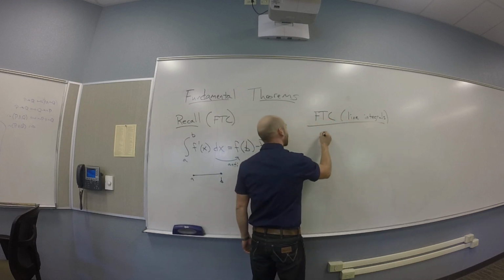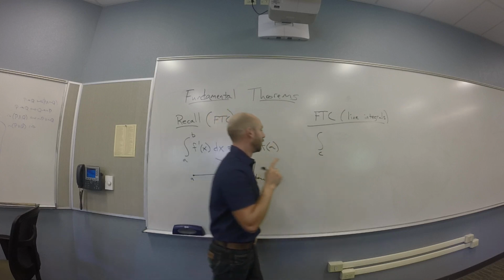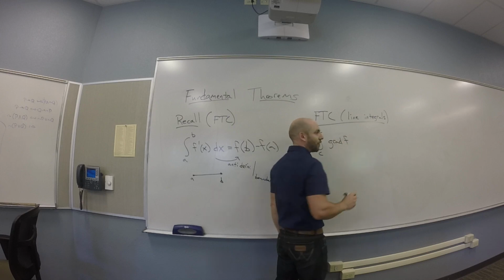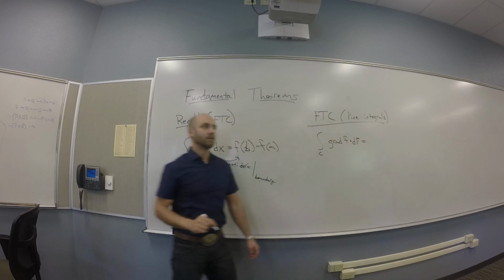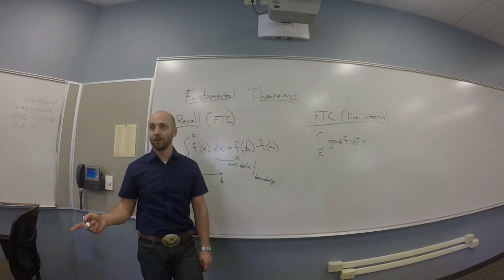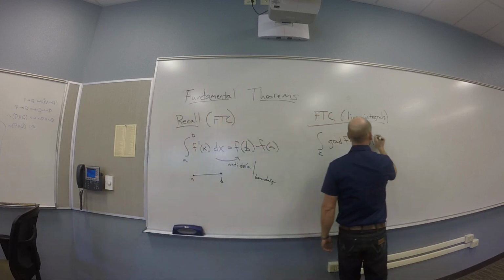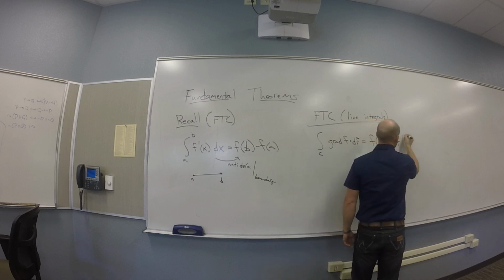If you're line integrating over a curve C a gradient of a function dotted with dr, so this is a line integral of a gradient of some scalar function, what can you do? F at the end of the curve, Q, minus F at P.